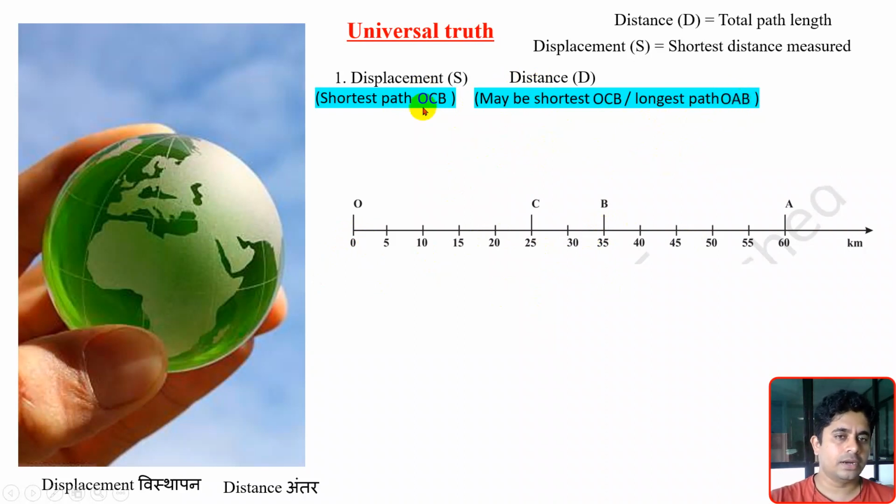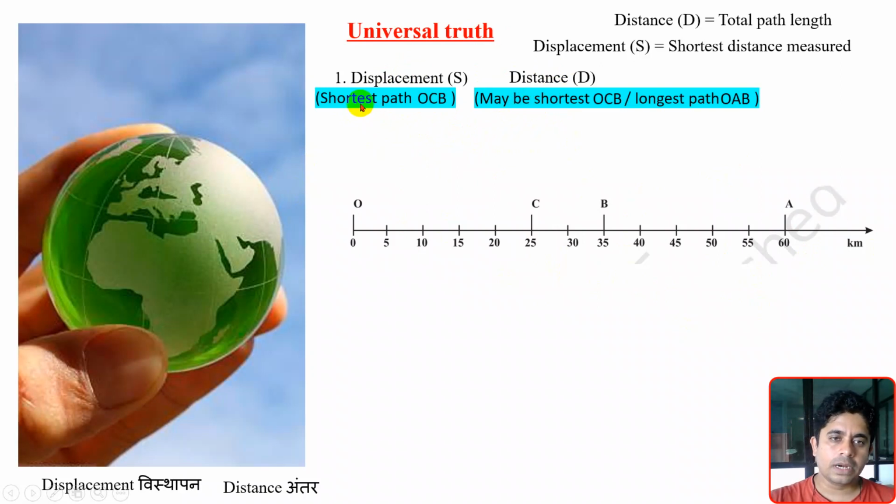Now if I compare displacement and distance for this particular journey, that is, the shortest path and the longest path, the shortest path will always be equal to the shortest path. Shortest path OCB, consider it as a displacement or as a distance, the meaning will be the same.